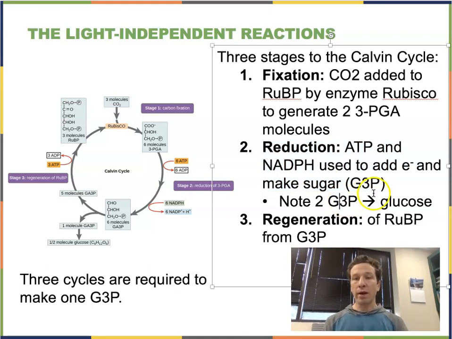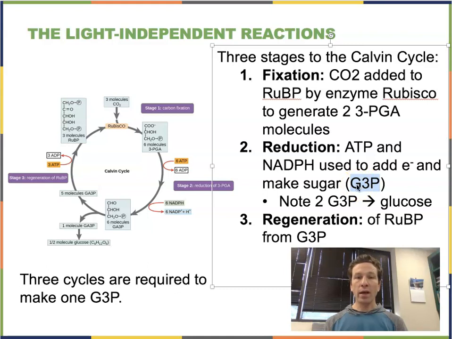G3P is a name you should recognize. And you should recognize it specifically from being a molecule that occurred about midway through glycolysis. Remember, this is glyceraldehyde 3-phosphate, and remember during glycolysis, glucose was broken down and formed 2 of these.